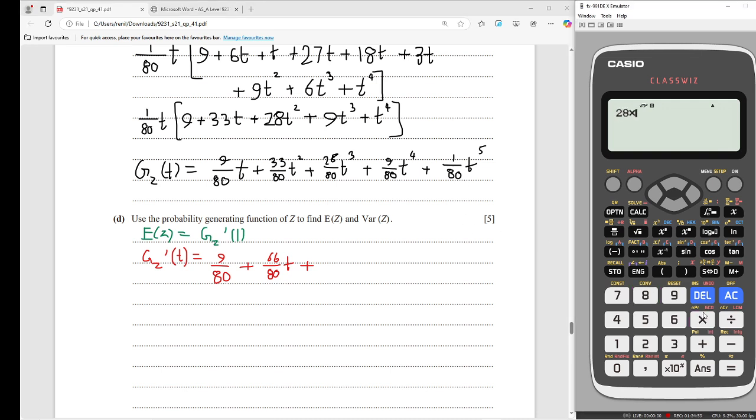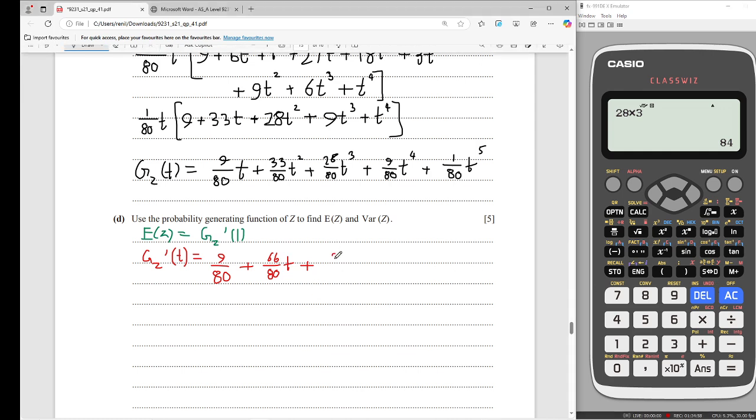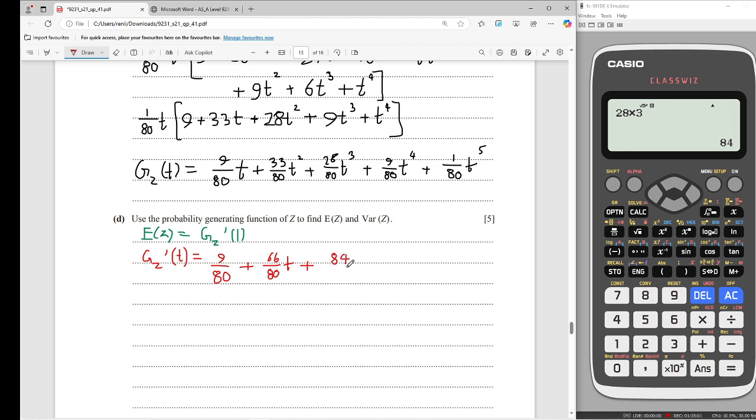So that's going to be 28 multiplied by 3, which is 84, t squared, the exponents decrease by 1. 9 times 4 is just 36, t to the power 3, and 1 by 80 times 5 is just going to be 5 by 80. Once again, we don't really need to simplify any of this.